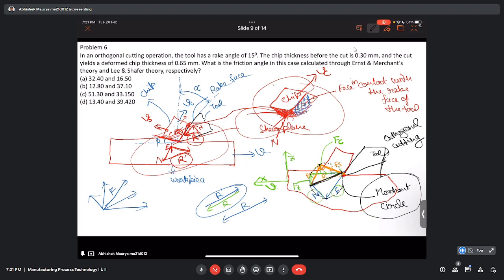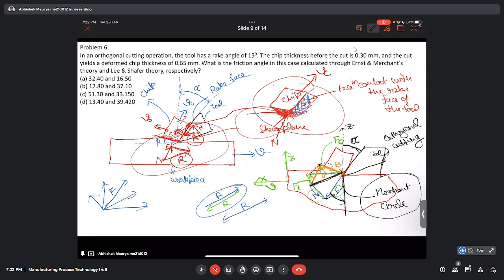So first thing is this angle. What is this angle? If you see, this force F is parallel to the rake face, and what we know from our earlier knowledge is that the angle between the rake face and this perpendicular which I have drawn is alpha, and this perpendicular direction is the direction perpendicular to the cutting velocity.